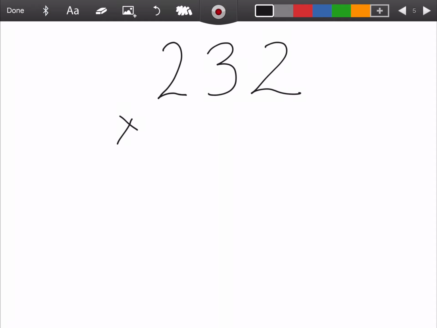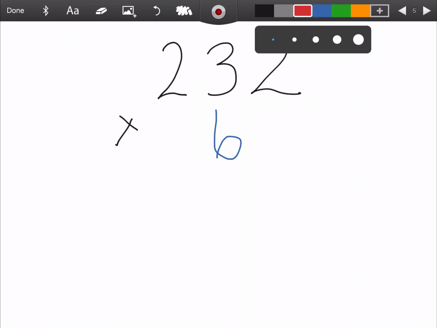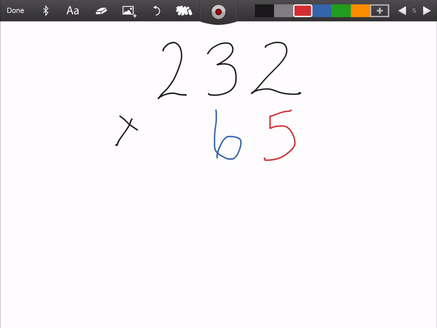So 232 times, remember you always put the largest number on top. I'm going to write these in different colors, 65. All right. In this first row, I am finding the product of 5 times 232. We've learned that we are going to start multiplying in the ones column and then gradually move over because sometimes we have to carry numbers.